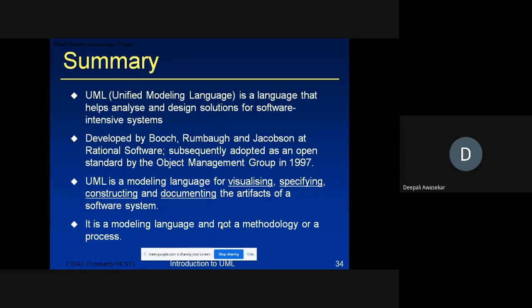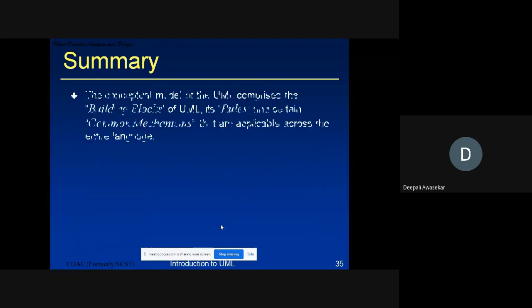It's a modeling language and not a methodology, a process, or a programming language, my dear students. It's a purely graphical language. The conceptual model of UML comprises the building blocks of UML, its rules, and certain common mechanisms that are applicable across the entire language.